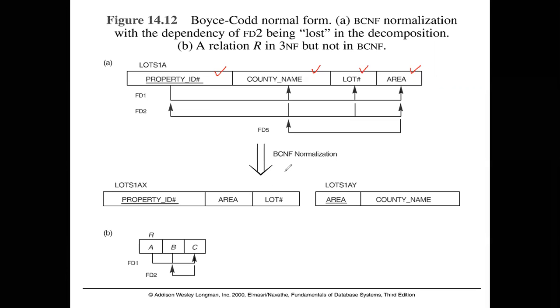So when this undergoes the BCNF normalization, here the property ID, area, and location are on one side, and the area and country name are on the other side.